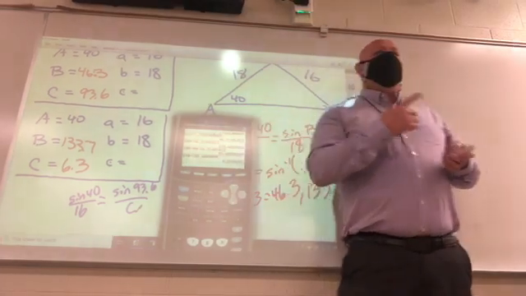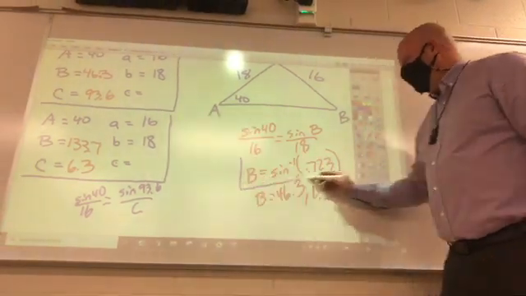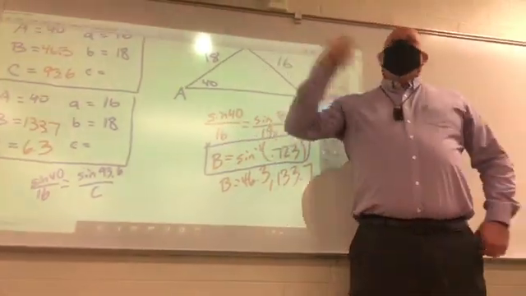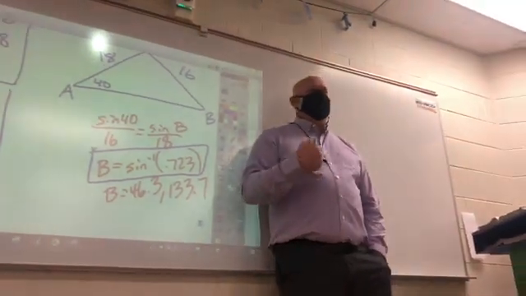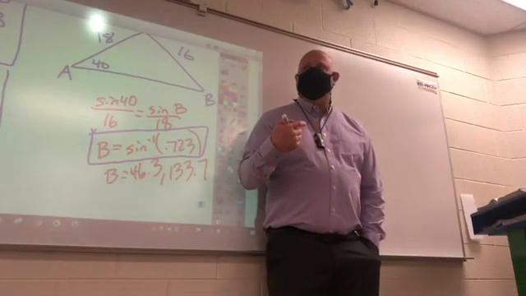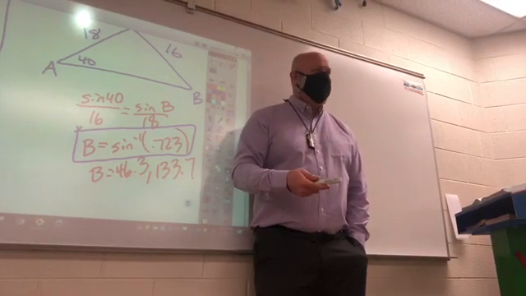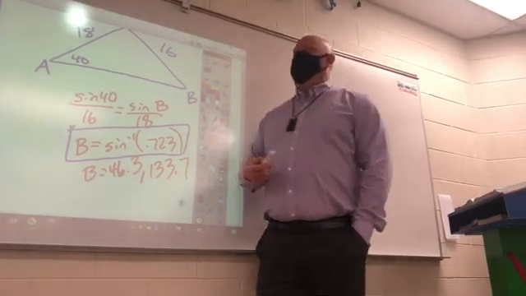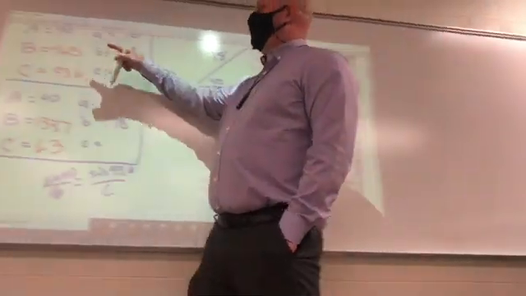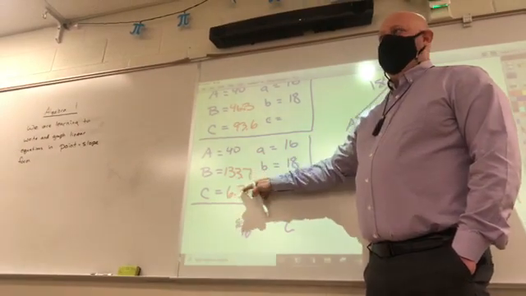So I think by understanding why this whole ambiguous case is caused, I think it helps understand how to solve it. Because the mistake people make is they forget, all right, I found the first angle B, how do I find the other angle B?